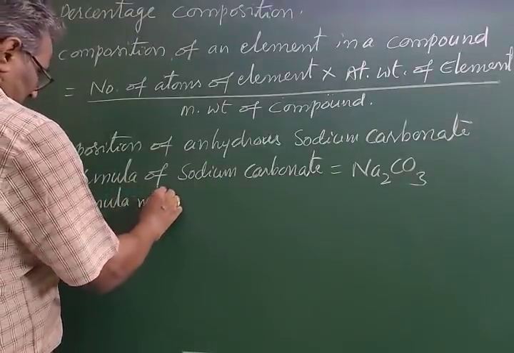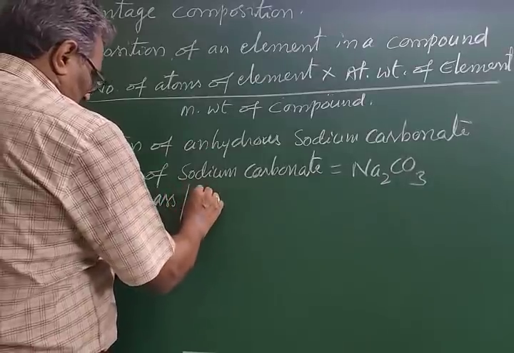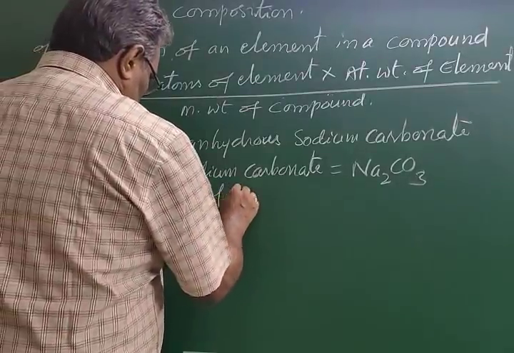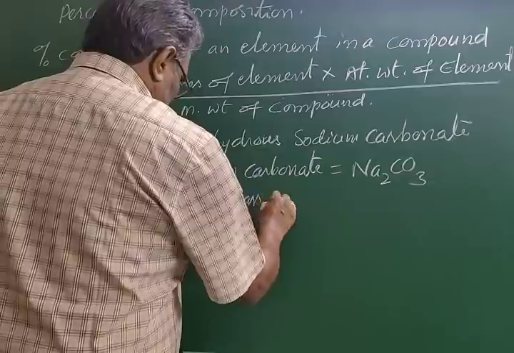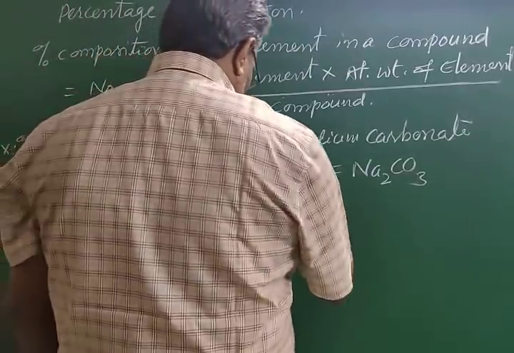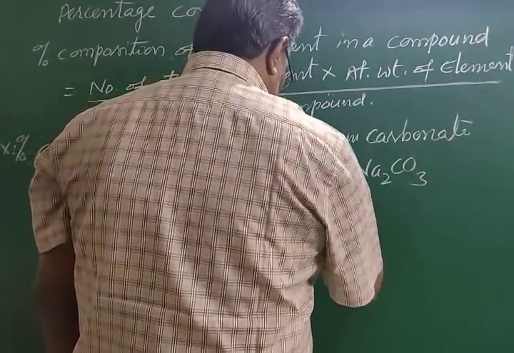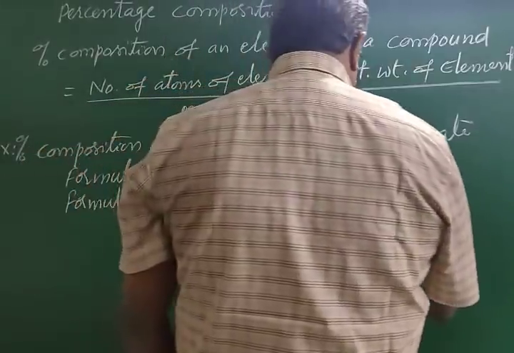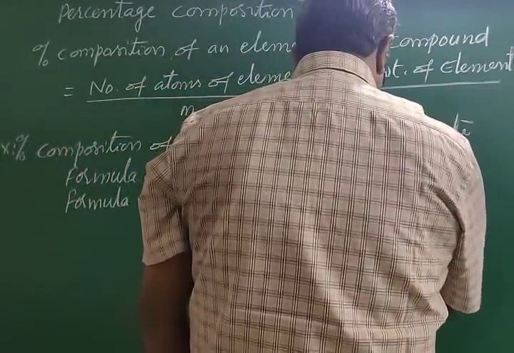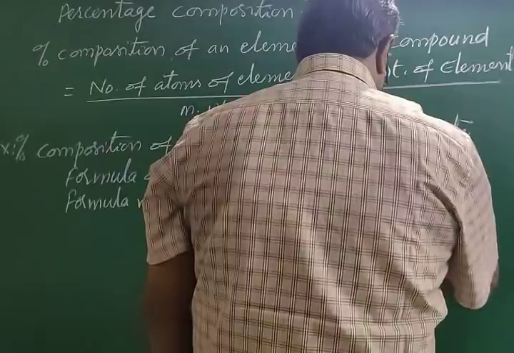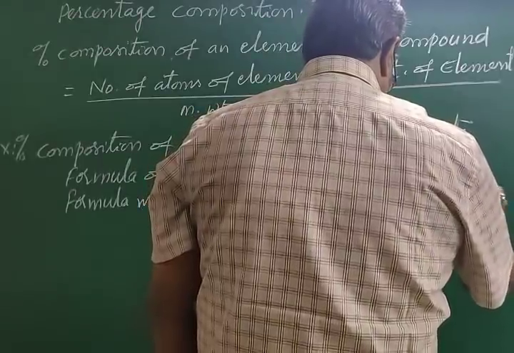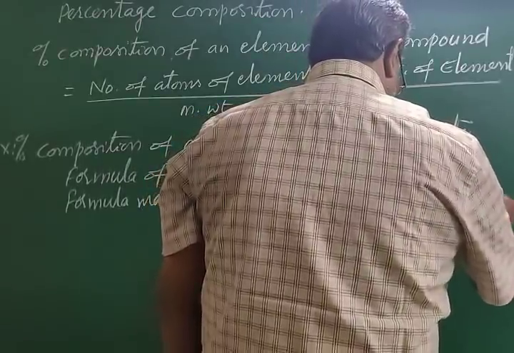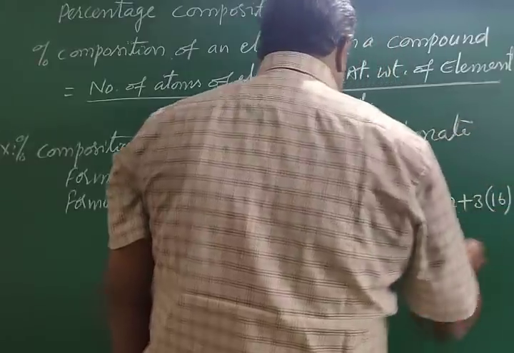Formula mass or molecular mass of Na2CO3 is equal to 2 into 23 plus 12 plus 3 into 16.